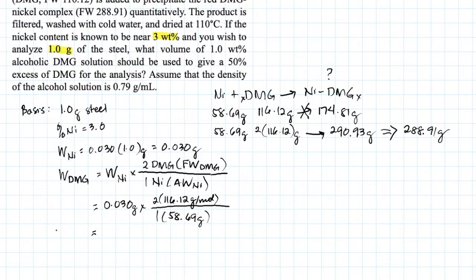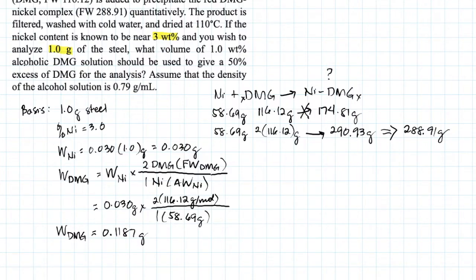Therefore, the weight of DMG is equal to 0.1187 grams. Okay, now, this is the weight of the pure DMG.